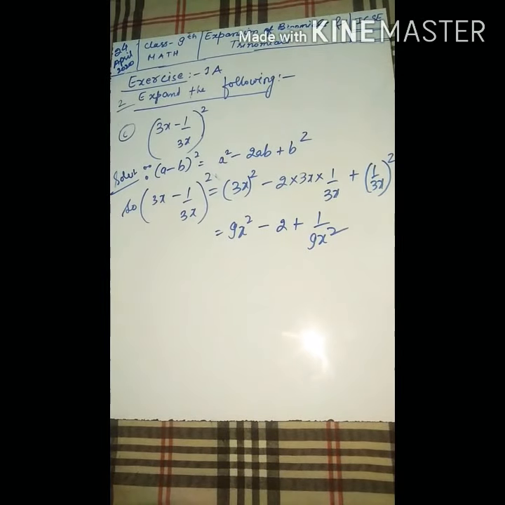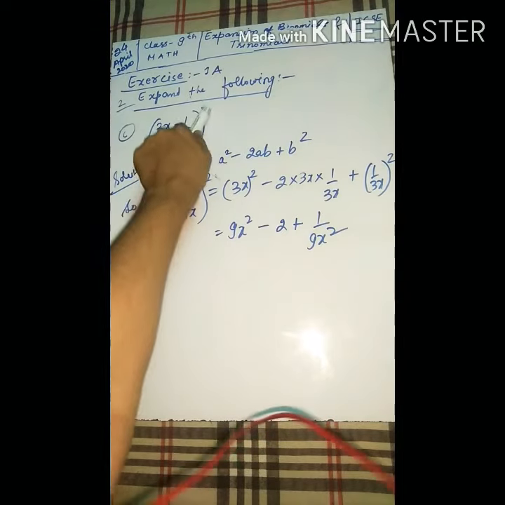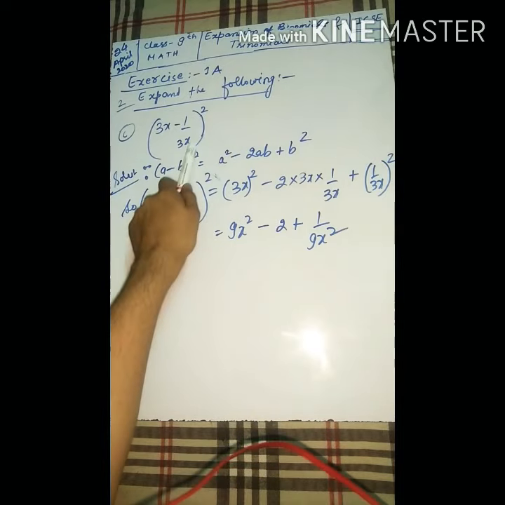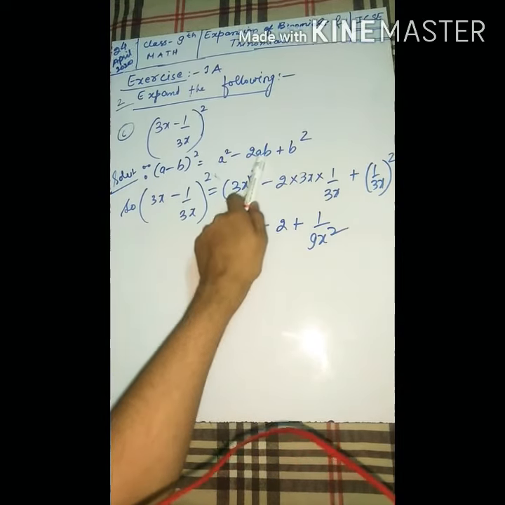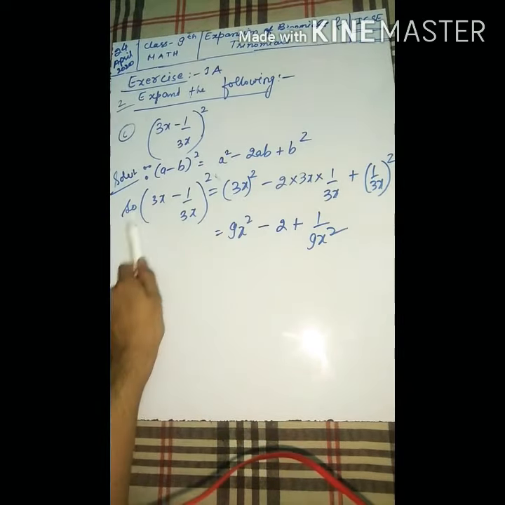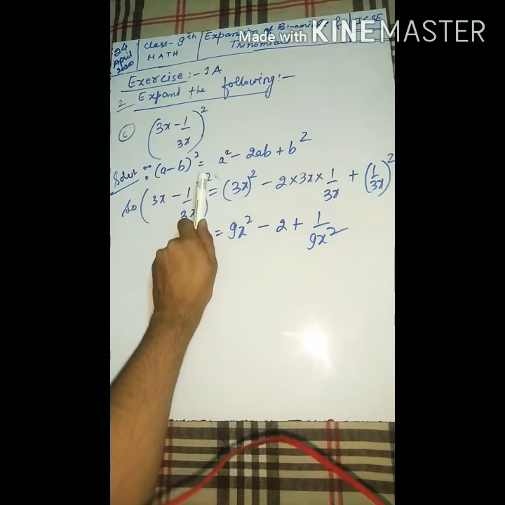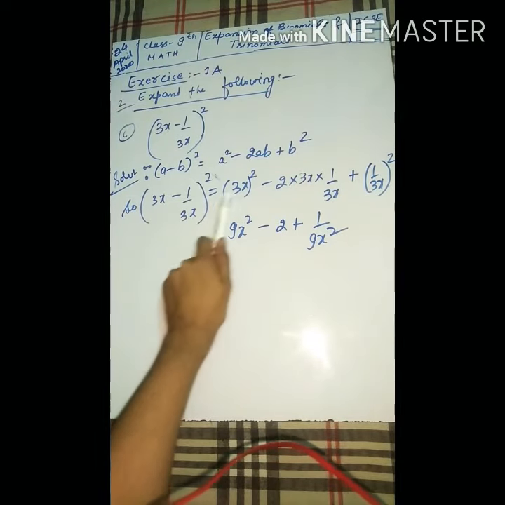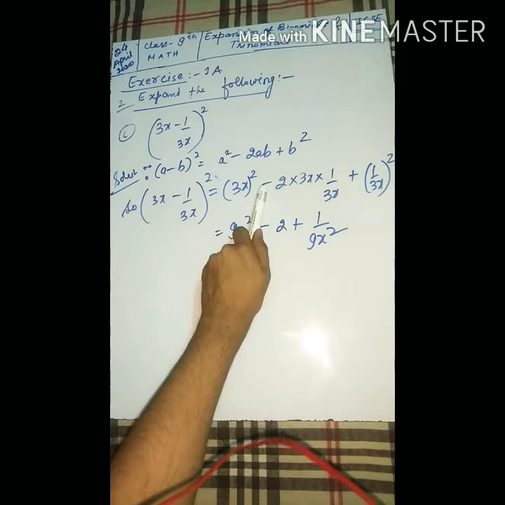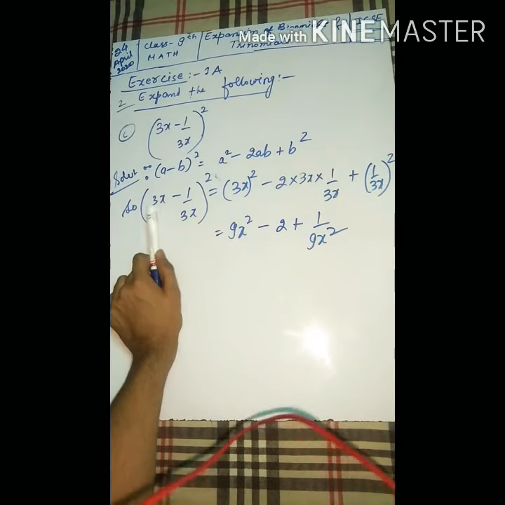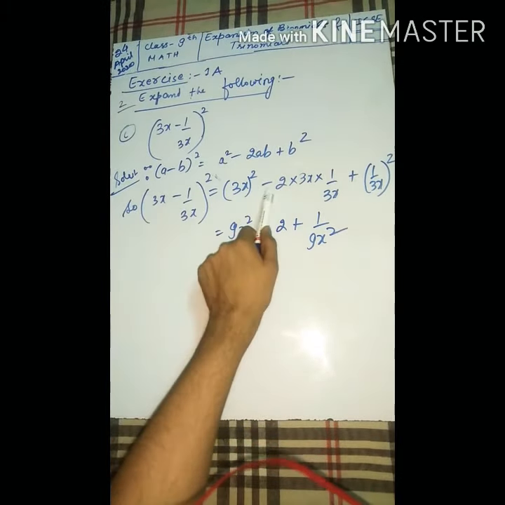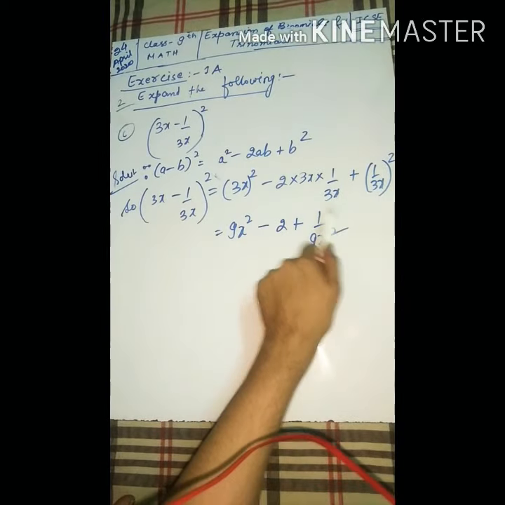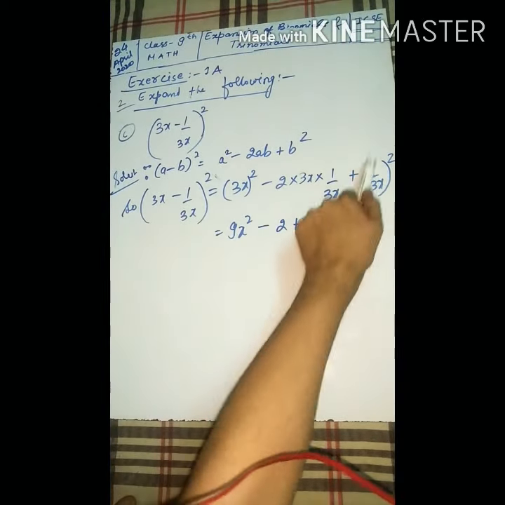This is the second question C I'm doing, and the question is: expand the following, 3x minus 1 upon 3x the whole square. Since we know that a minus b whole square is a square minus 2ab plus b square, so 3x minus 1 upon 3x the whole square will give you a, which is (3x) the whole square, minus 2 into a into b, okay, 2 into 3x into 1 upon 3x, plus b square, (1 upon 3x) the whole square.